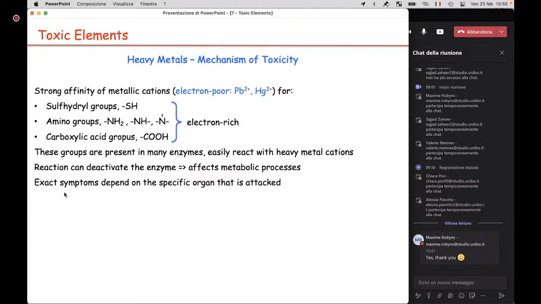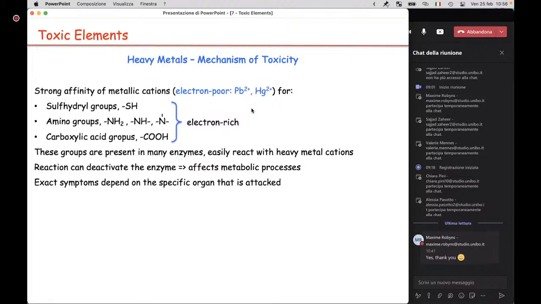In fact, the exact symptom of heavy metal poisoning depends on the specific organ that is attacked by the metal. Every heavy metal has a specific affinity for one or more organs. And so it is that organ that is damaged preferentially to other organs. Okay, so they can cause very wide kinds of damage, but usually they damage a specific organ.